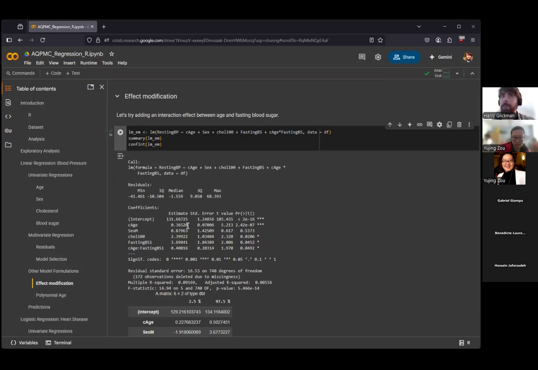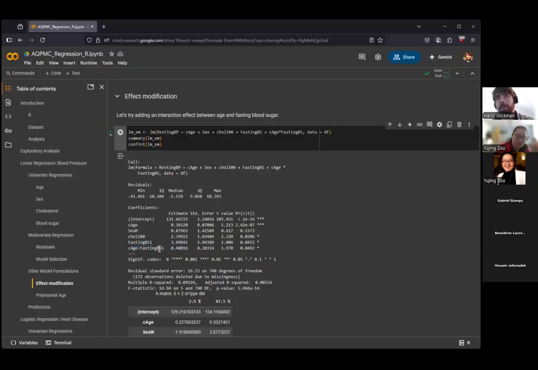So how we interpret this now is you have to interpret the effects with respect to each other. So our age effect estimate now is we're saying that this is the slope. So we're saying that for a 1 unit increase in age, we're getting a 0.4 increase in millimeters of mercury. But you have to interpret that with respect to the interaction term, which is now in there.